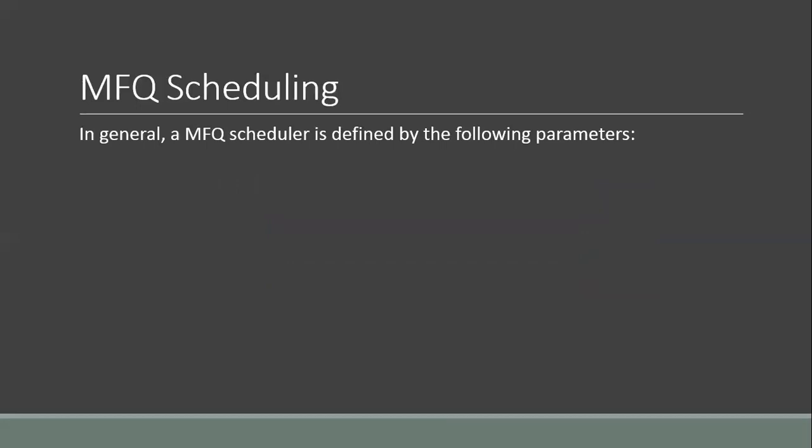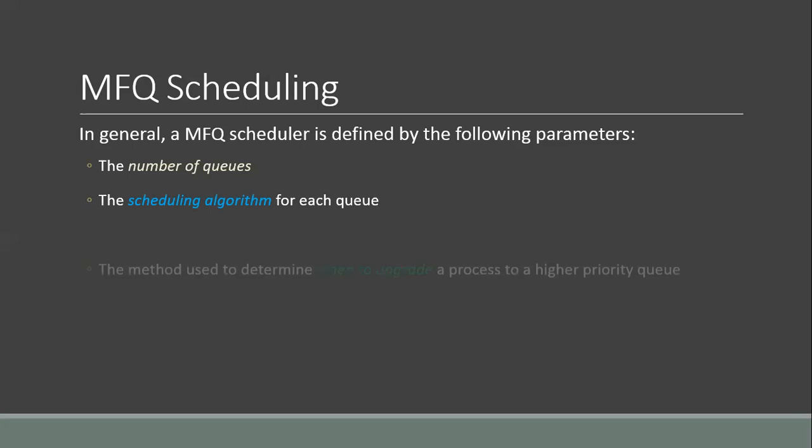In general, a multi-level feedback queue scheduler is defined by the following parameters. The first is the number of queues: how many queues will be used in a given system? Then there is the scheduling algorithm for each queue, that is, which scheduling policy will be used for every queue.